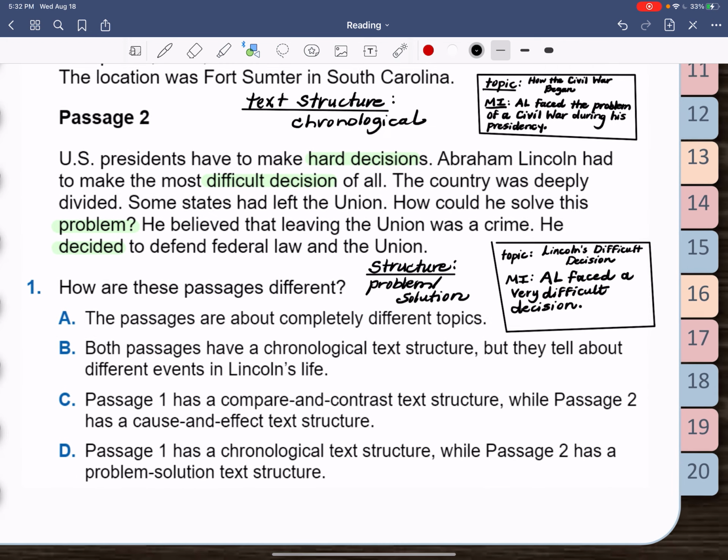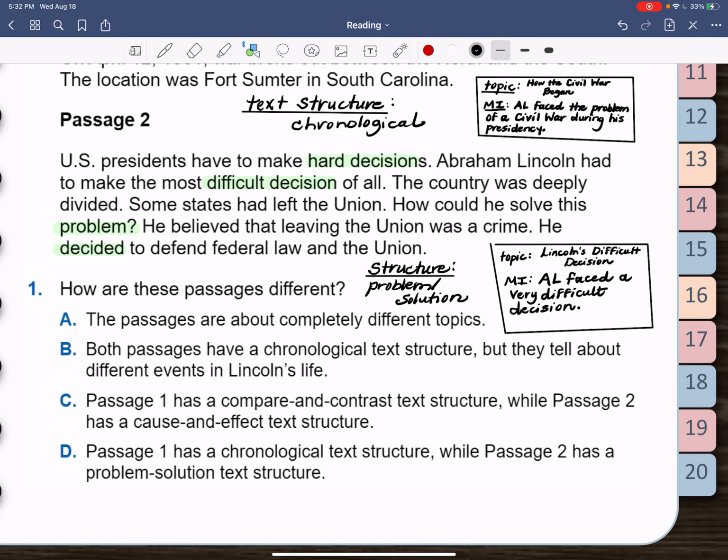The question is, how are these passages different? A, the passages are completely different topics. No, that is not true. Both of them have very similar topics. Both passages have a chronological text structure, but they tell about different events in Lincoln's life.